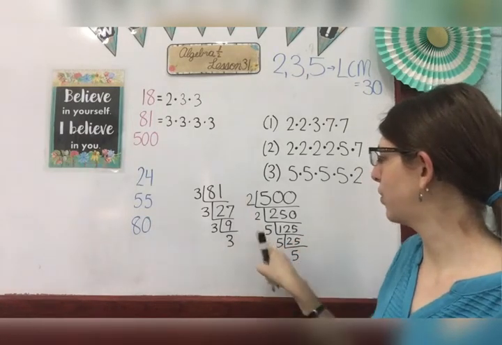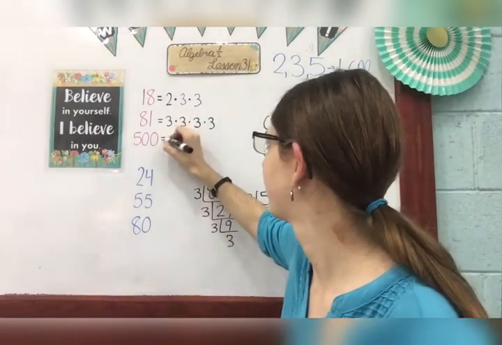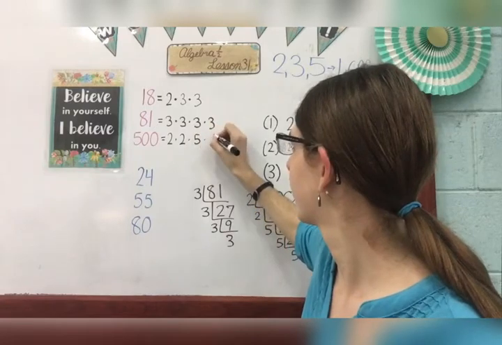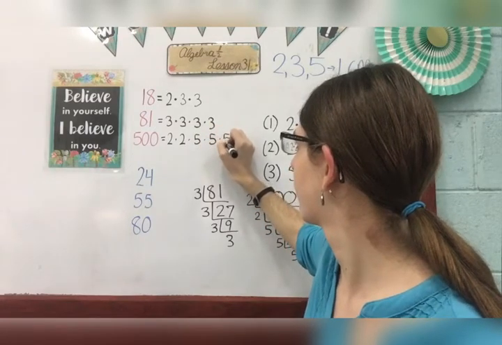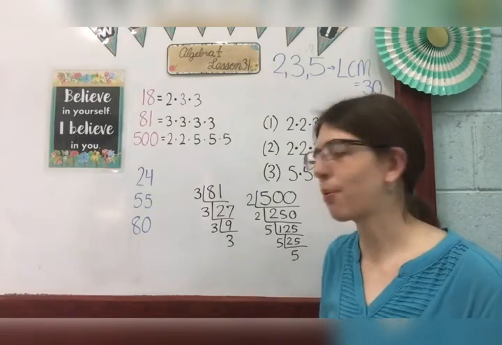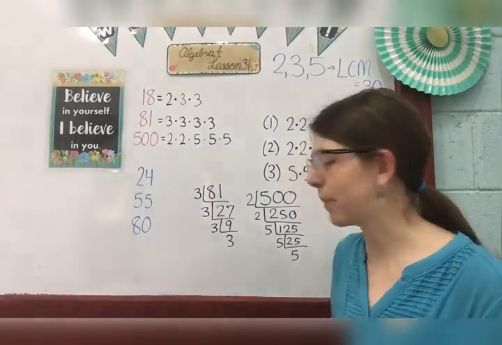So we have 2 2s and 3 5s. Okay, there we are. So those are the prime factors of these numbers.